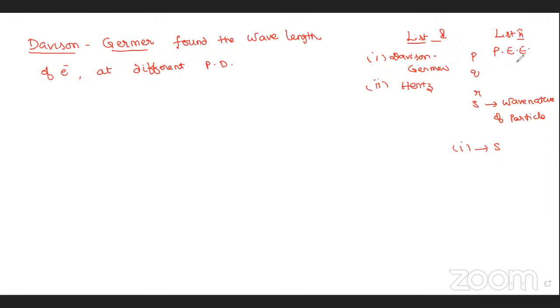Correct? Einstein explained it, but Hertz found it, you should never forget that. So in match the following you can find many such things, this type of question, Davisson and Germer name.